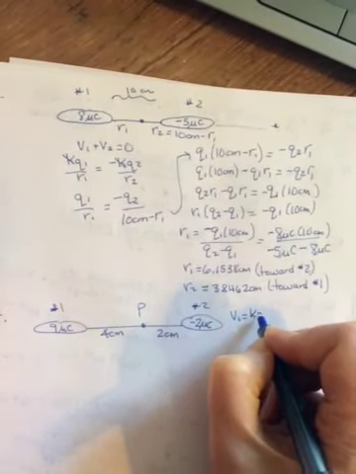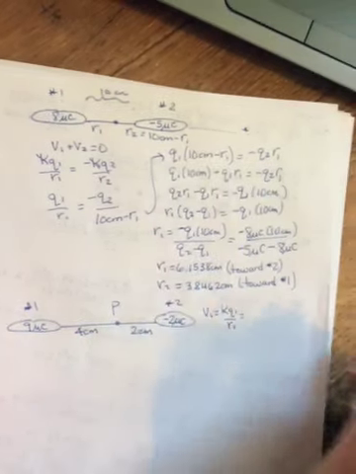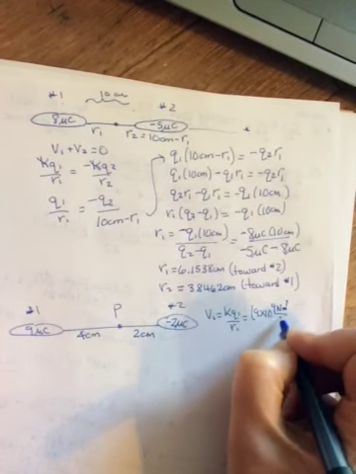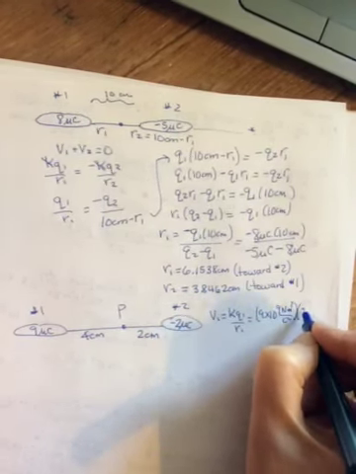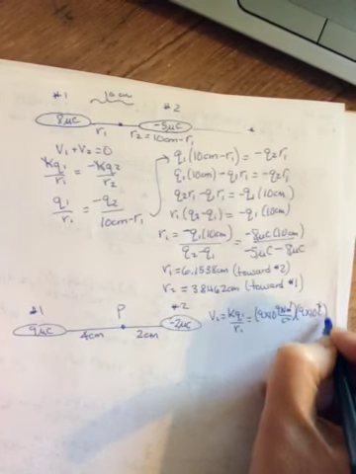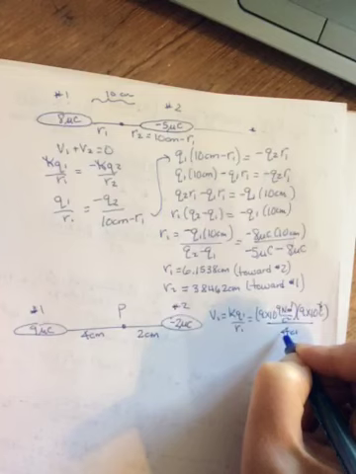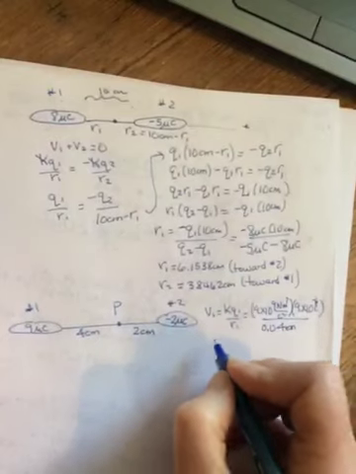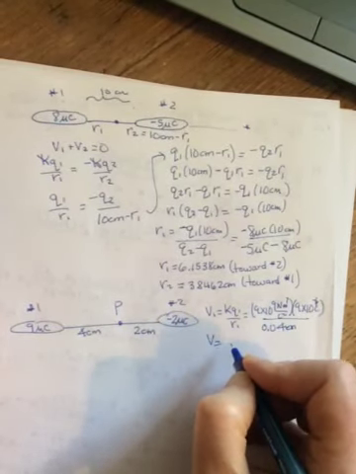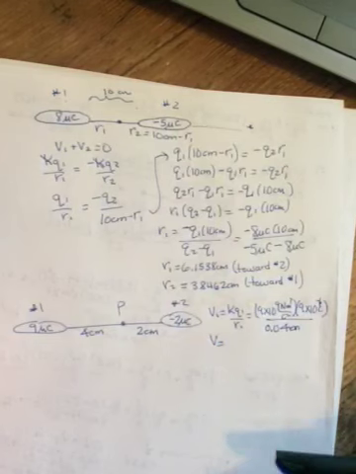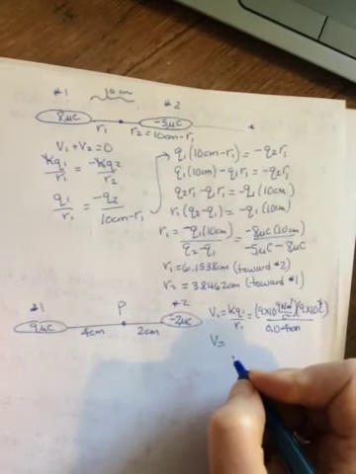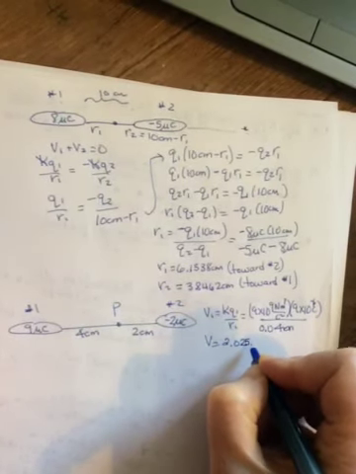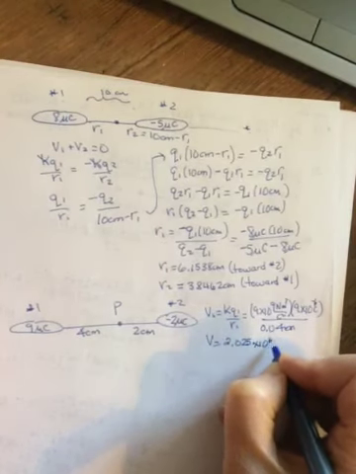So V1 will equal KQ1 over R1. 9 times 10 to the 9th Newton meters squared per coulomb squared times 9 times 10 to the negative 6 coulombs over, oops, that was centimeters, so over 0.04 meters. 81 divided by 4 should be 2.025 times 10 to the 6 volts.